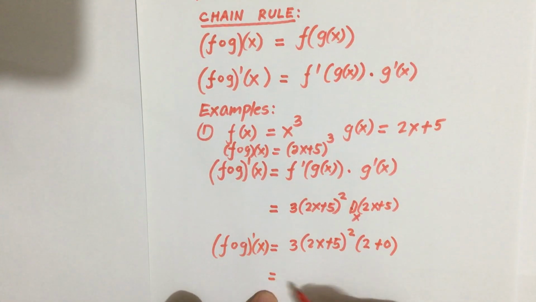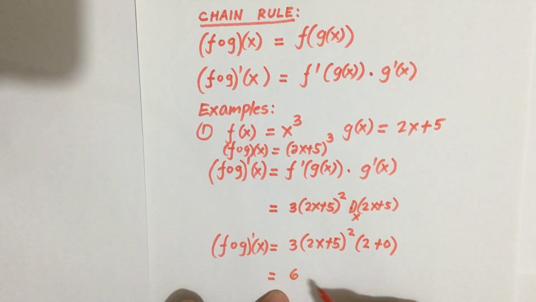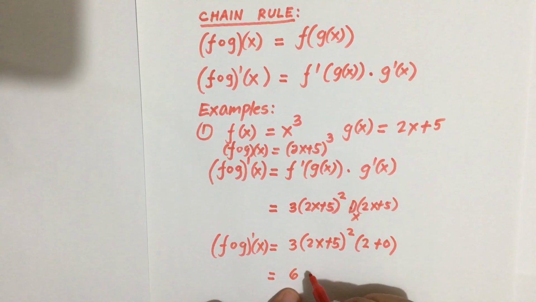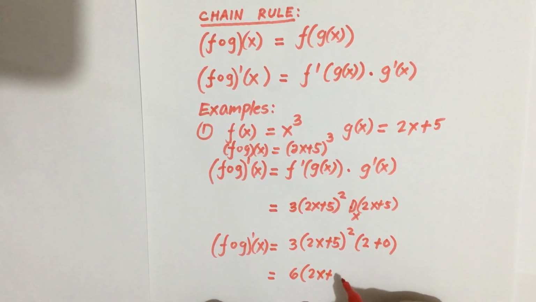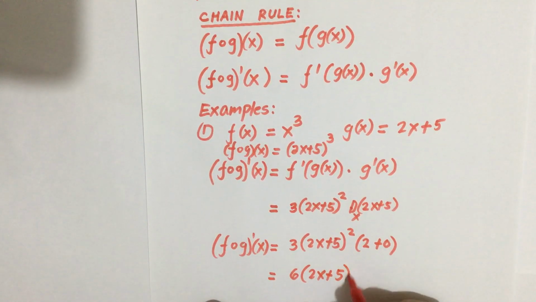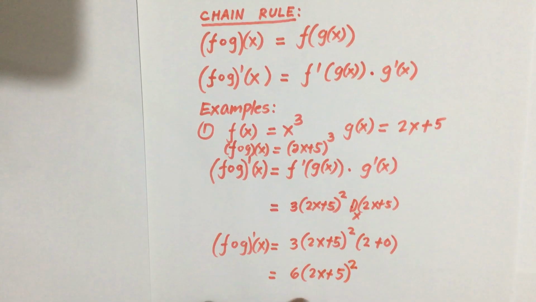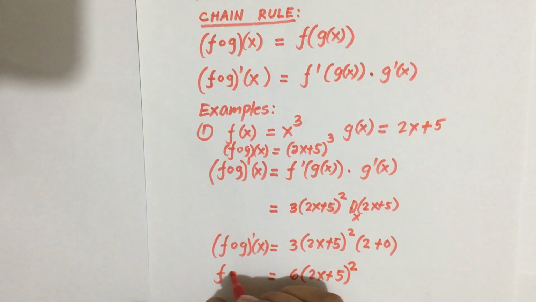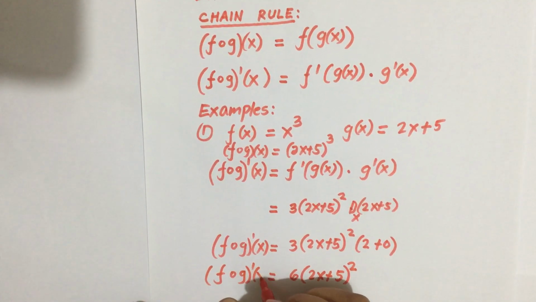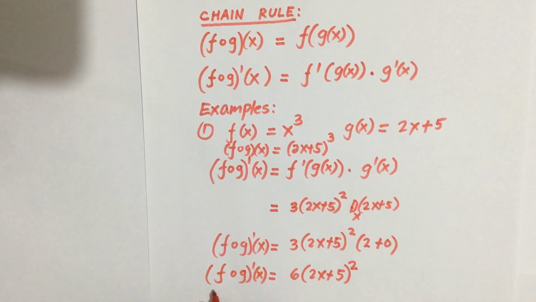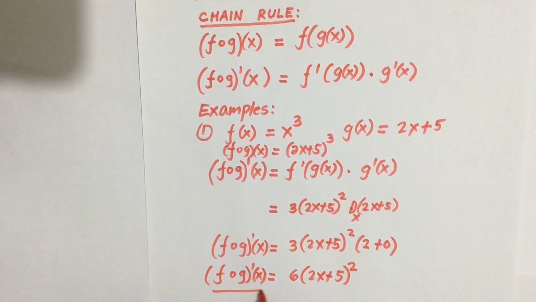Therefore, this is equivalent to 6 times (2x + 5) raised to the power 2. Okay, so this is our answer.